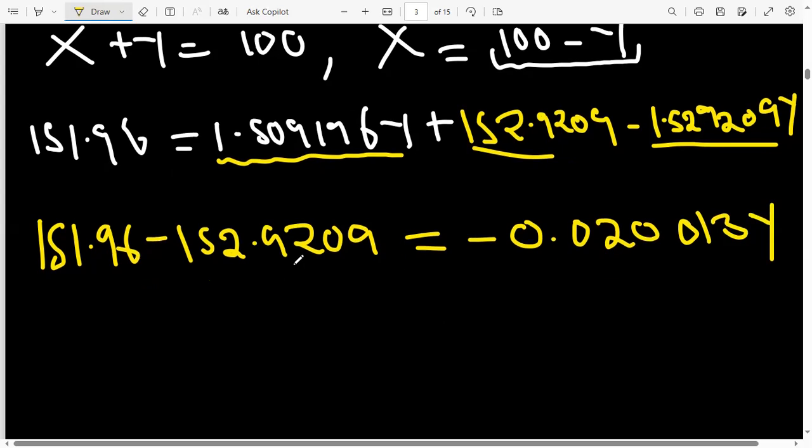And then we also have to subtract this side here. So on the other side, I have 151.96 minus 152.9209.